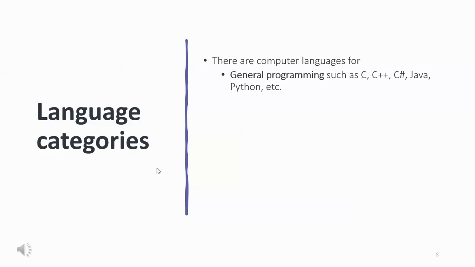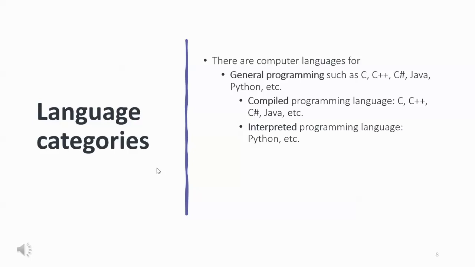There are basically two types of general programming language, compiled and interpreted. Compiled programming languages require the whole program to be converted to machine code, and then the machine can execute the entire program.